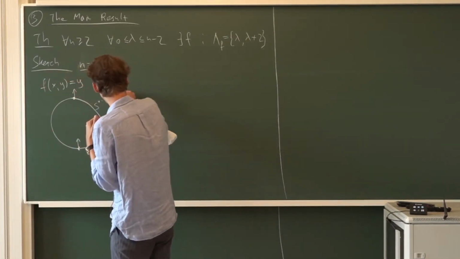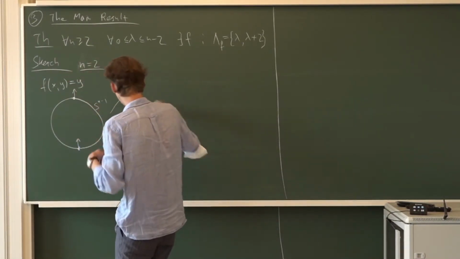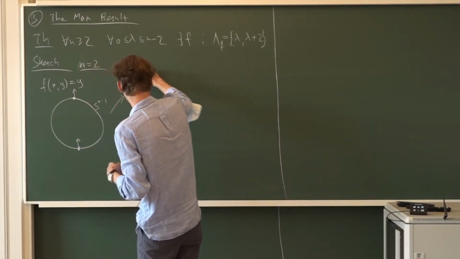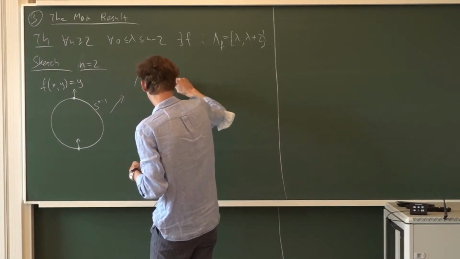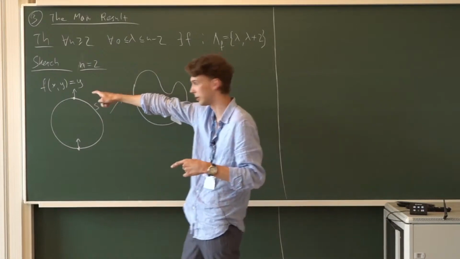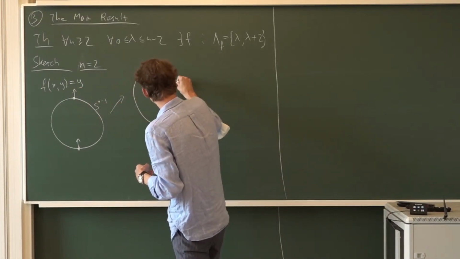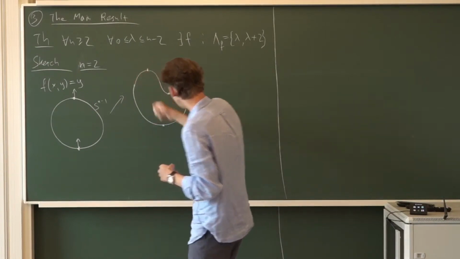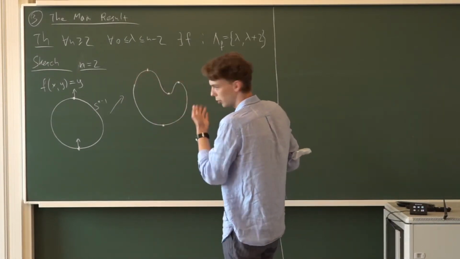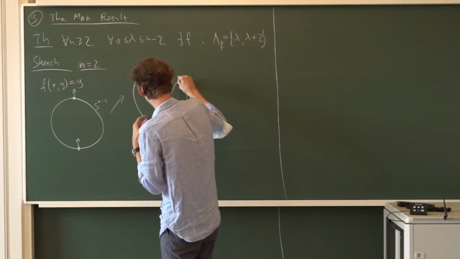Now let us transform the circle into the following figure, not changing the function. The function is still the second coordinate. So you look at this figure and you see that there are four critical points now. The gradient still points up at each of them.